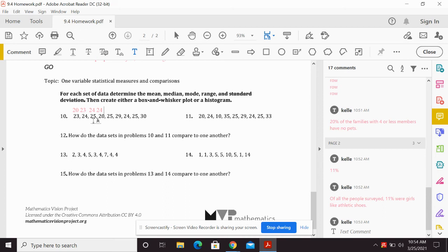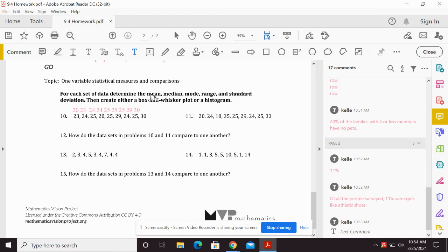So I have 1, 2, 3. And then what's next? I think 29. And then 30. Okay, there we go. So now, make sure you order them from least to greatest. And now you can find the mean, median, mode, and range.